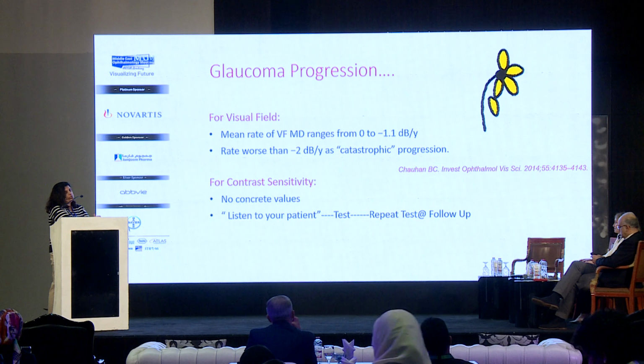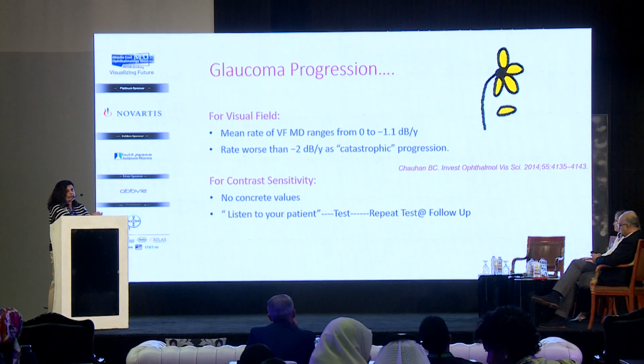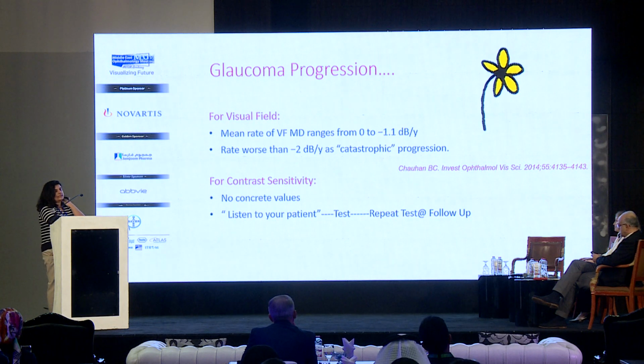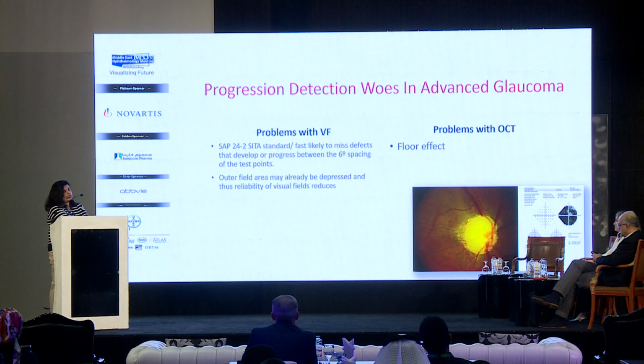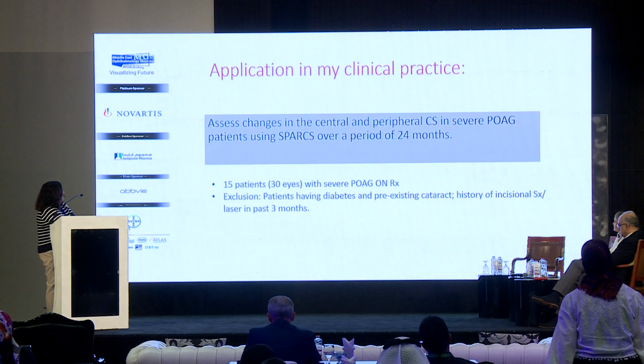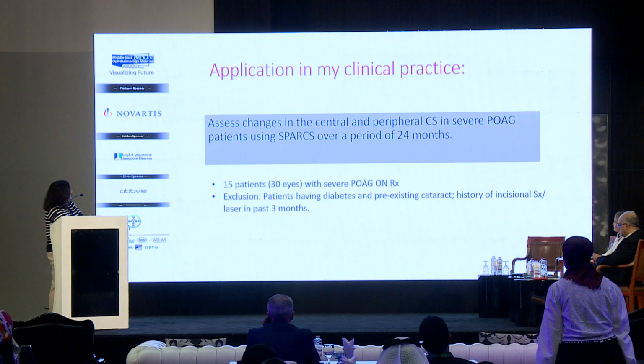We need to hear the complaints that our patients bring to us. Most patients, once they have advanced disease, will complain of a drop in contrast. Once you hear that, it's a good idea to start checking the contrast. There are several progression detection woes in advanced glaucoma. As I told you, with visual fields and OCT there is a problem with floor effect, and detection becomes extremely difficult. So I've started using this in my clinical practice.